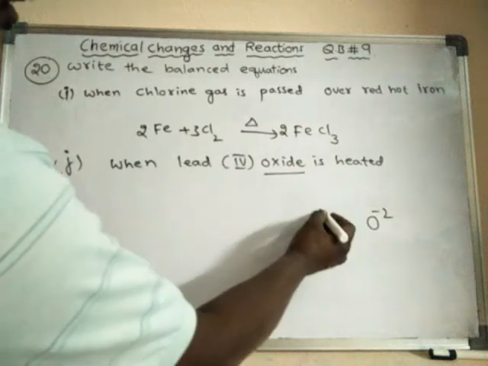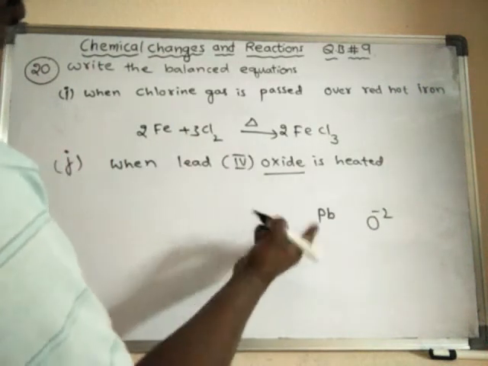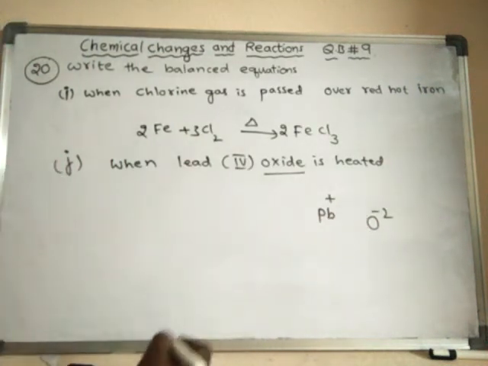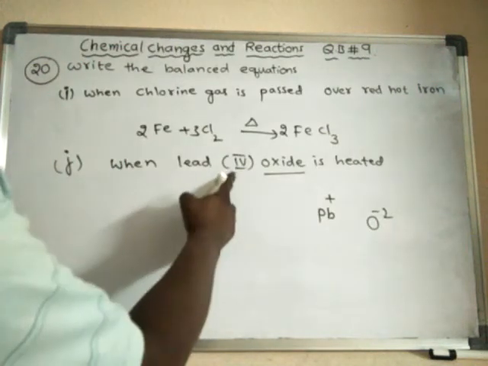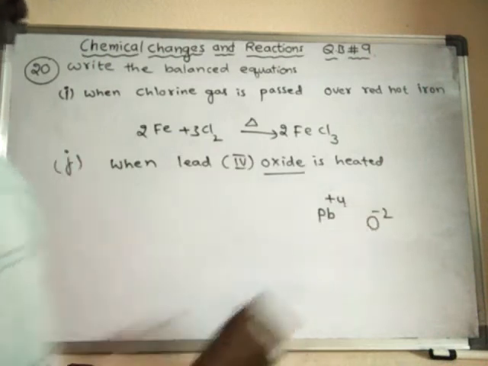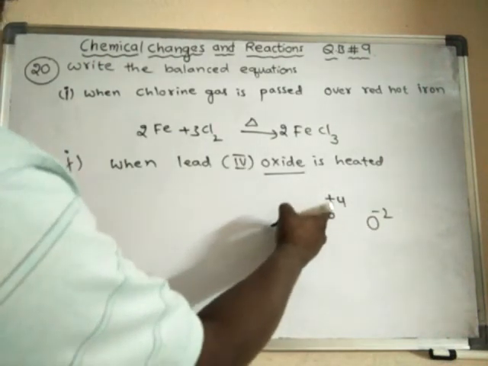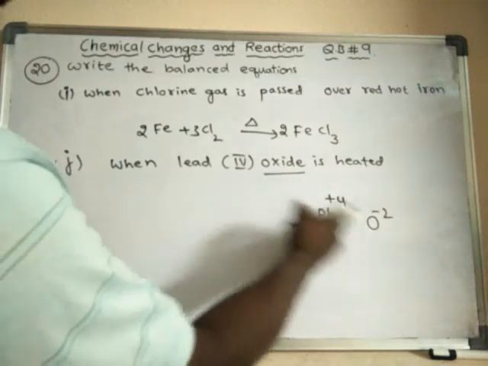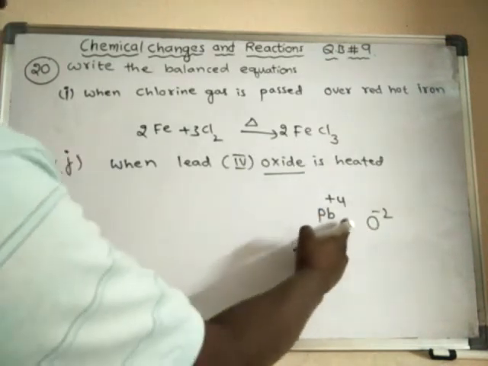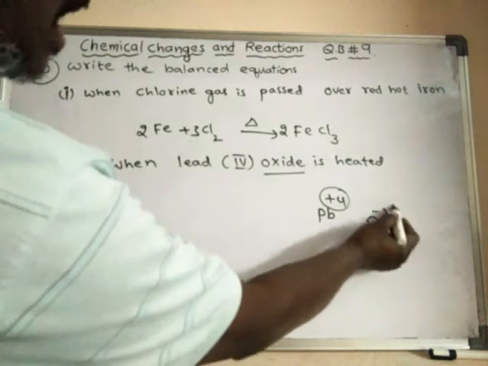Lead is a metal, so generally metals will have a positive oxidation number or positive valency. So here lead has plus 4, and oxide means O minus 2. Are the charges balanced?